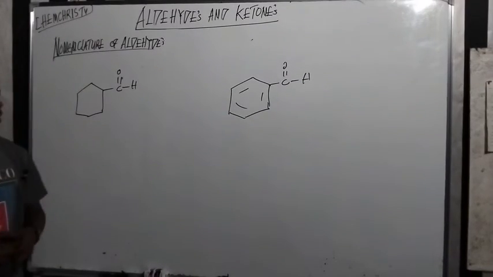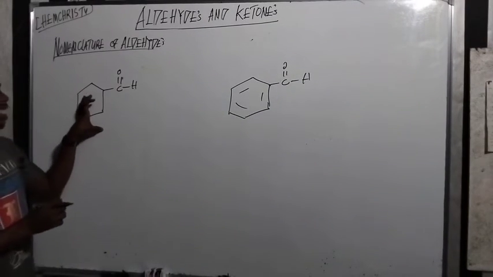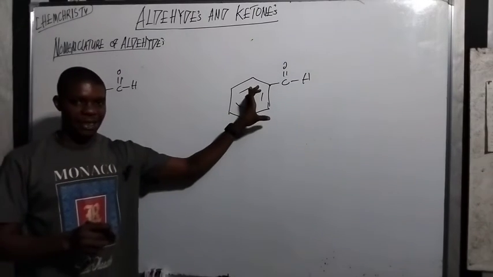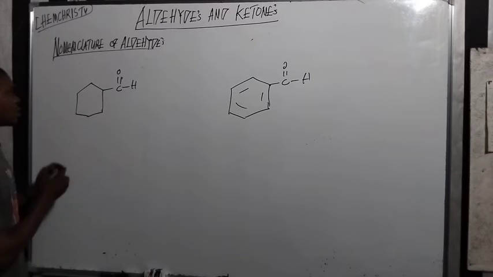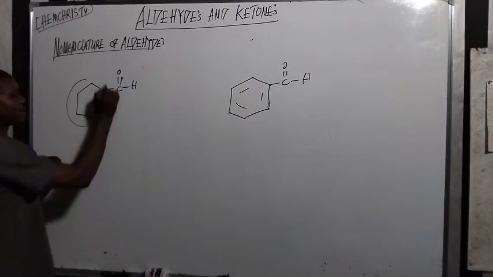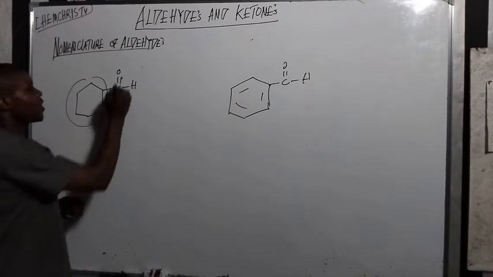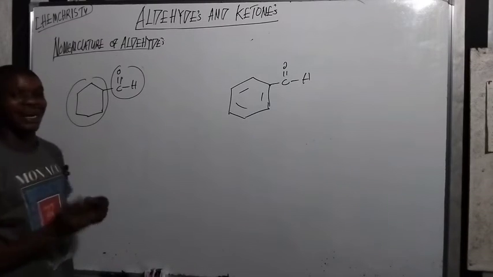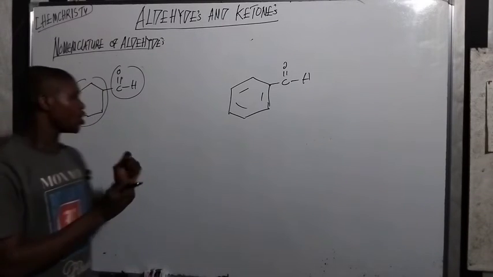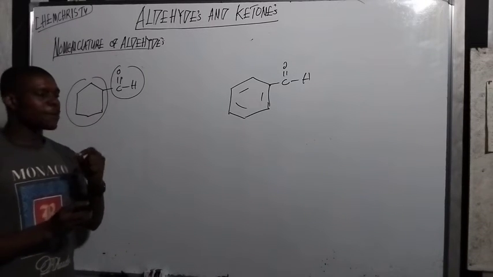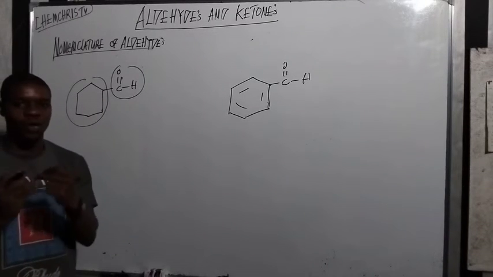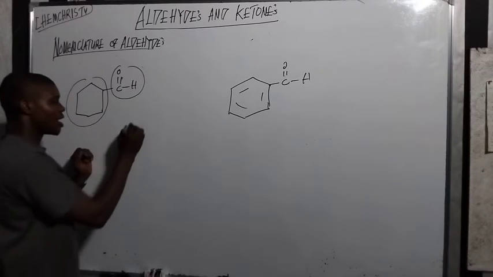So how do you name this one here? This is called cyclohexane, and here is benzene. Now whenever the functional group, the aldehyde functional group, is directly attached to a cyclohexane or cycloalkane, the suffix carbaldehyde is always used.